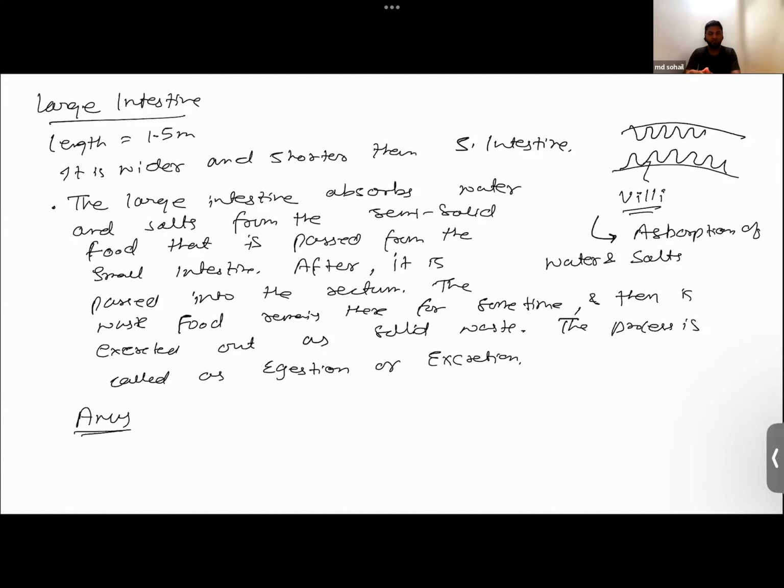Along with loss of water, important salts may also be lost via the watery stools. This loss of water from the body through watery stool is called dehydration, and it may be fatal under severe conditions. So diarrhea should never be neglected.